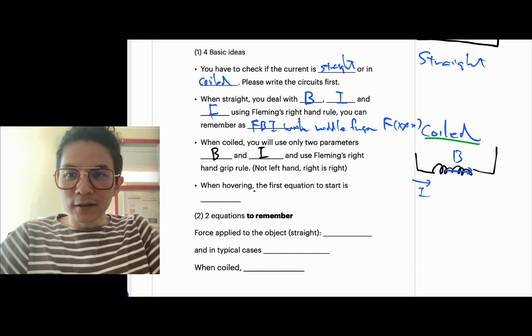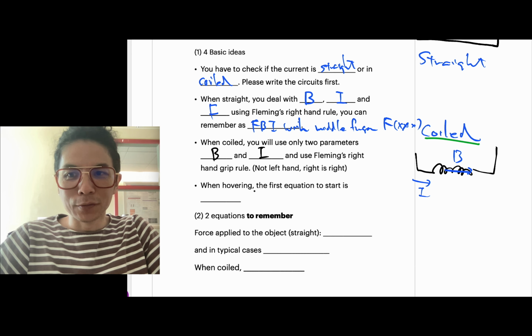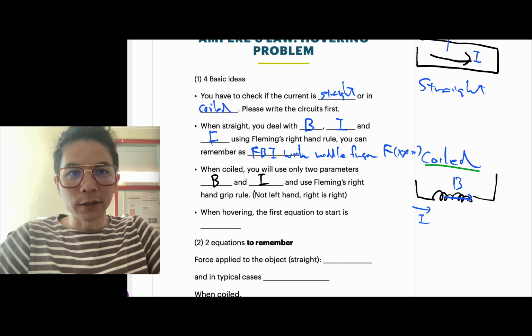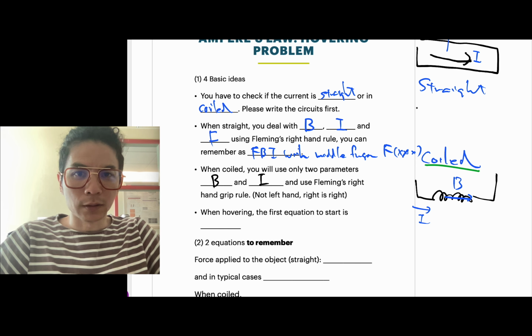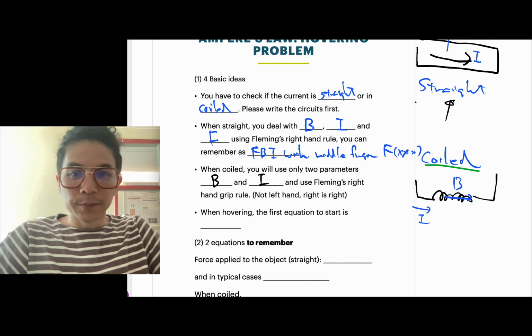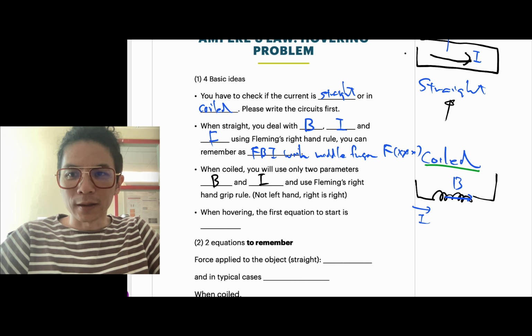Another thing you have to know when you want to solve this type of problem is that typically when you have a straight case like this, you'll see many hovering problems.